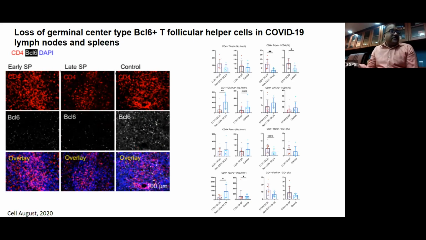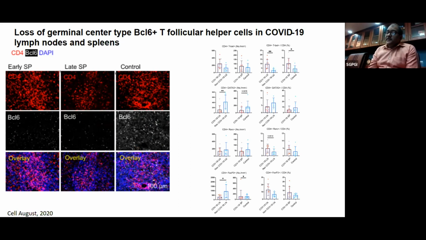So the reason why I'm delineating all this is that obviously we are not going to do BCL6 expression in the T cells or the B cells, but we should understand why the antibody response in patients with COVID-19 is not there as it should have been, or as it has been in many other viral infections.